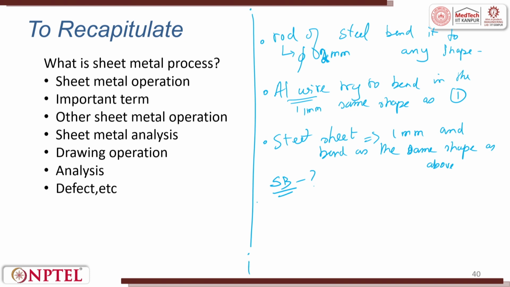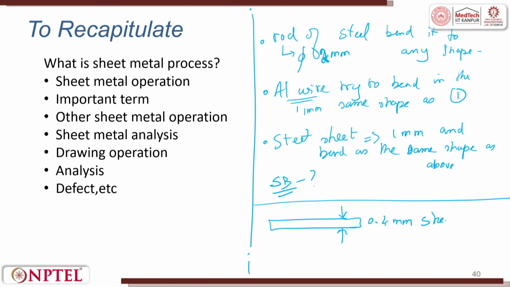Next, we would like you to take two sheets of 0.4 millimeter, of the same alloy, and try to do a hemming operation.